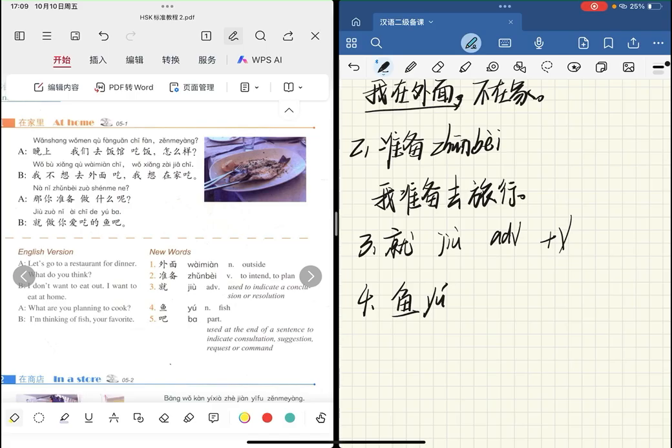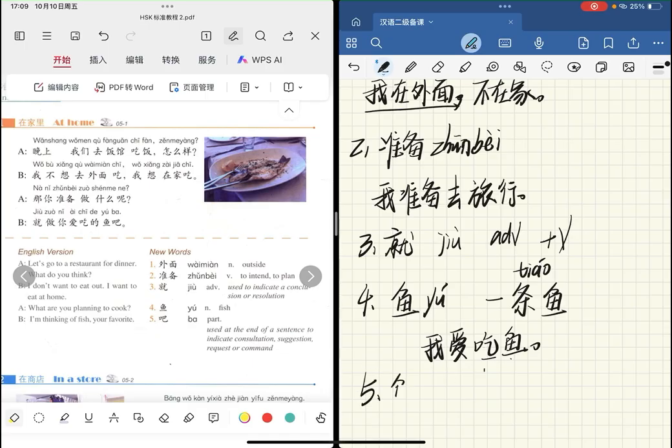A fish is 一条鱼; we use the measure word 条. I love eating fish. 我爱吃鱼. I love to eat fish.